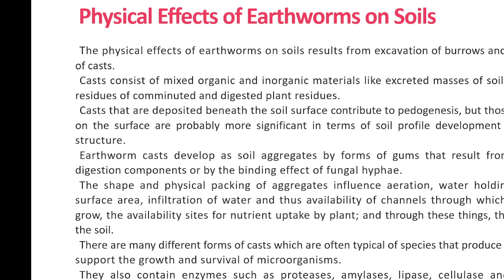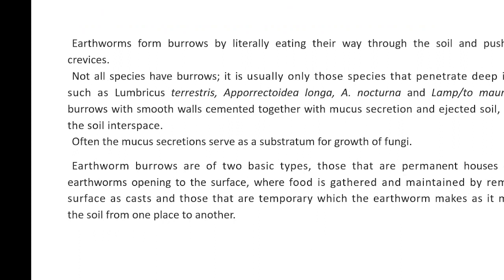These include protein splitting enzyme, starch splitting enzyme like amylase, fat splitting enzyme like lipase, cellulose digesting enzyme, and chitin digesting enzyme. So that will produce some effect on whatever organic matter may be present in the earthworm cast. Normally earthworms form burrows by literally eating their way through soil and pushing through the crevices.